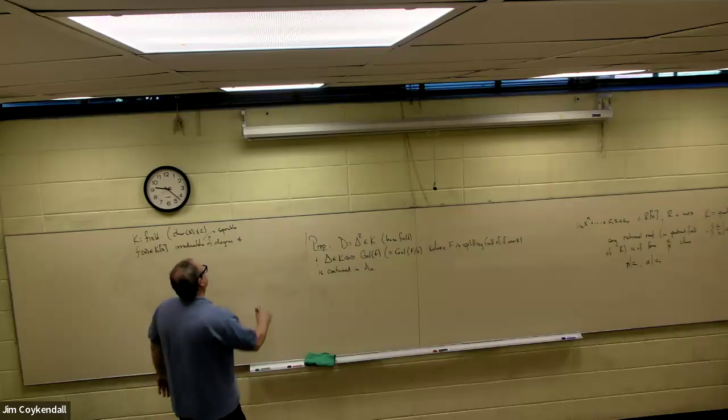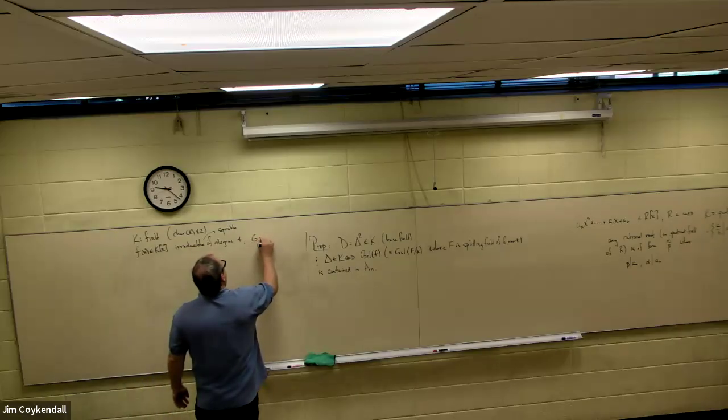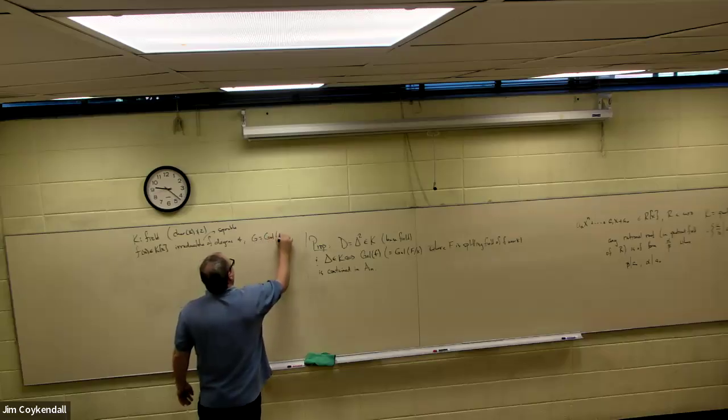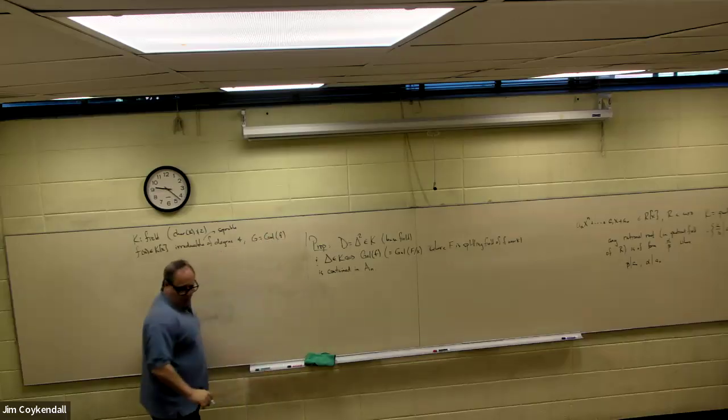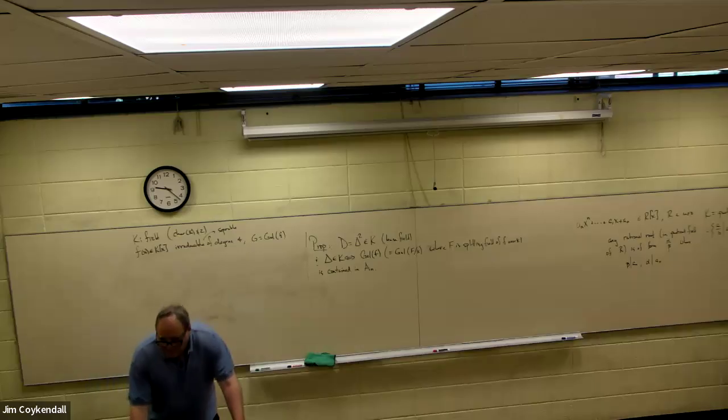We'll let G be the Galois group of F, and what I mean by that is the Galois group of the splitting field of that polynomial.